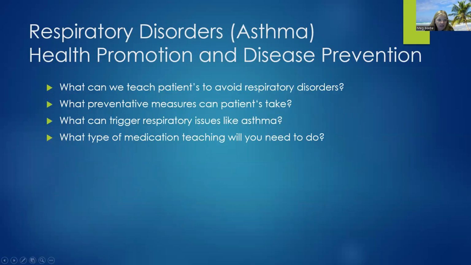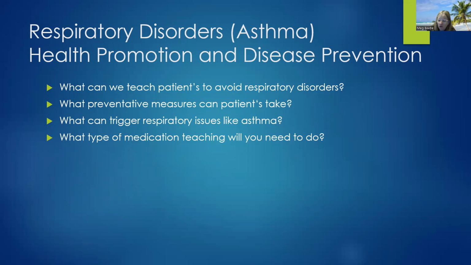Now, let's talk about different respiratory disorders, such as asthma. Asthma is a chronic disorder of the airways that results in intermittent and reversible airflow obstruction of the bronchioles. The manifestations include mucosal edema, bronchoconstriction, and excessive mucus production. So, different things that the patient should avoid with this type of respiratory disorder.